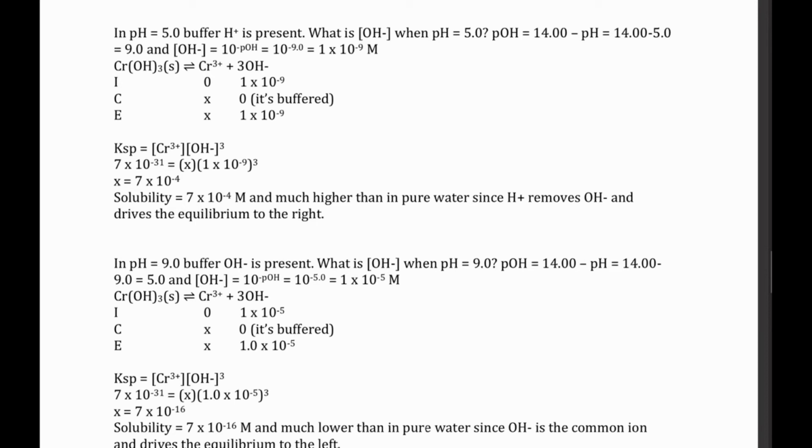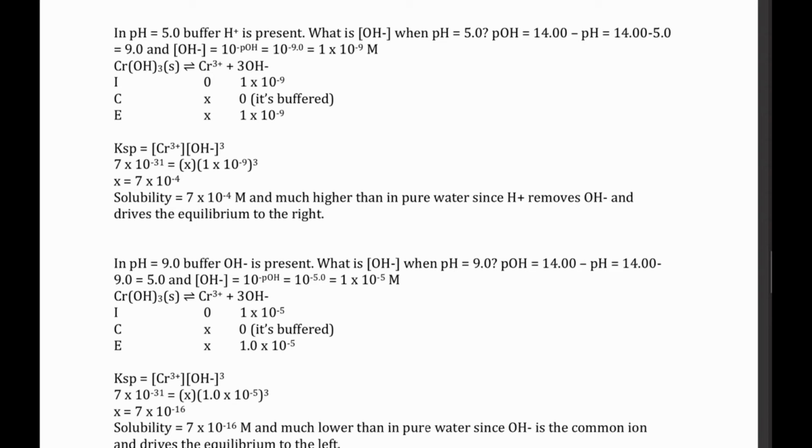So there's a lot of that present that can interact with the OH minus, which is on the right side in our reaction, thereby removing some of it, helping to drive the reaction to the right, making the chromium(III) hydroxide more soluble. Now, I would say stop this and do the next problem.